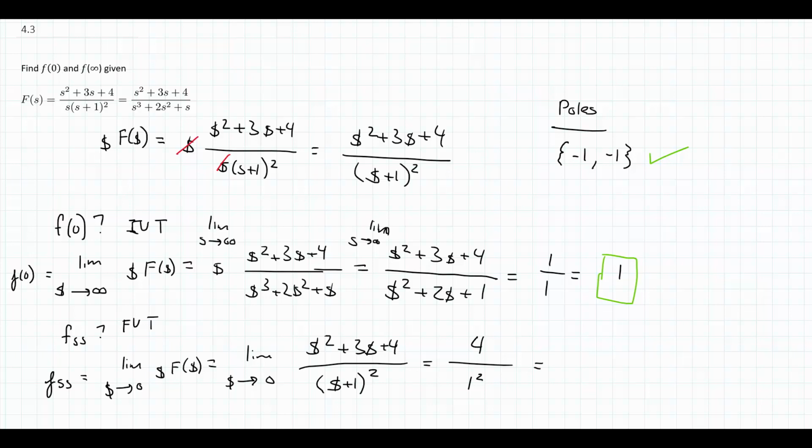So the limit as s goes to 0 will be 4, and that is f steady state. So given enough time, the function is going to have a value of 4, and initially, it's going to have a value of 1. This doesn't tell us what happens between those two times, but we know at least the bookends of the values of f.